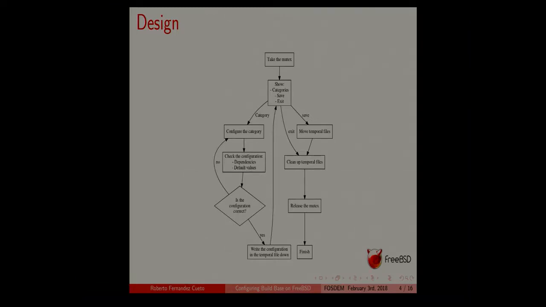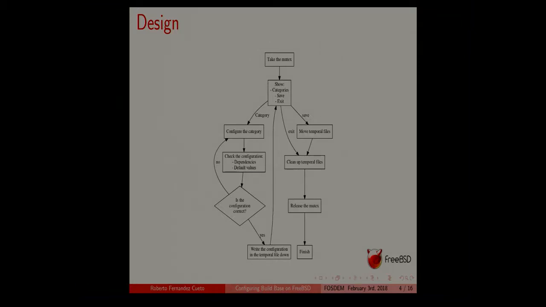We don't want to have a huge source conf at the end, so we only write what is not a default option. When the configuration is correct, then we write the configuration in a temporary file, and if it's not, we go back to configure the options, warning the user: your options have dependencies that are not satisfied, and you should check what you have done.